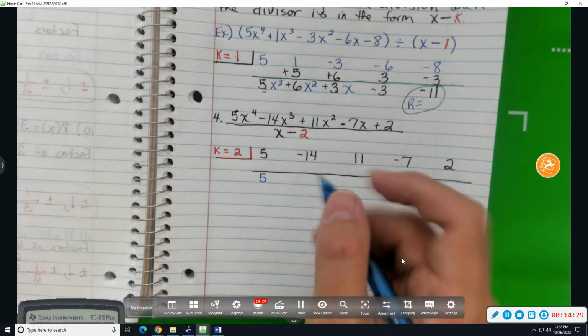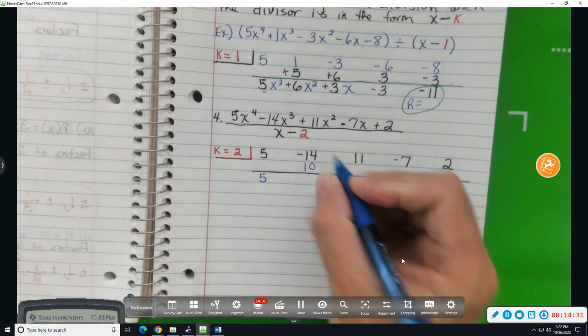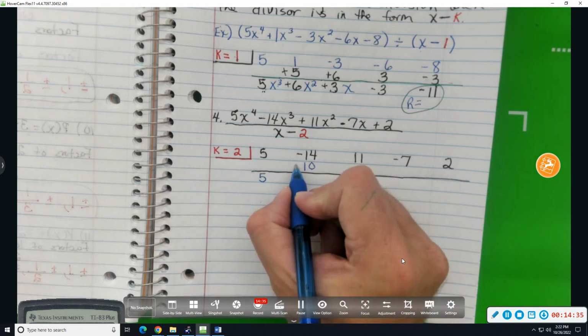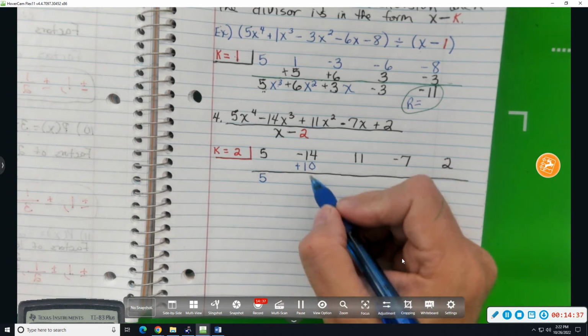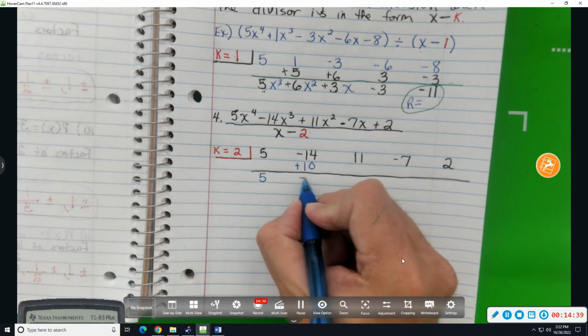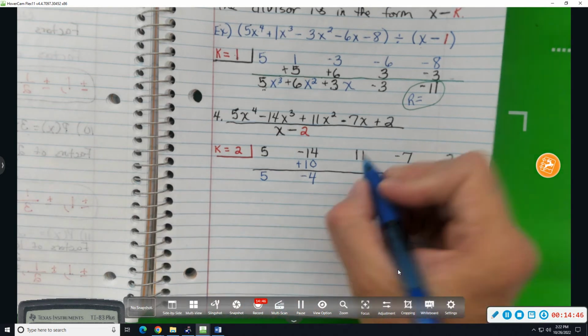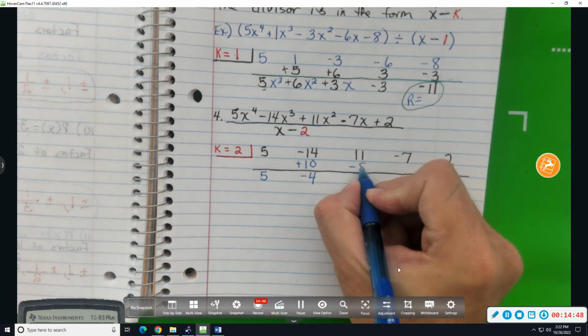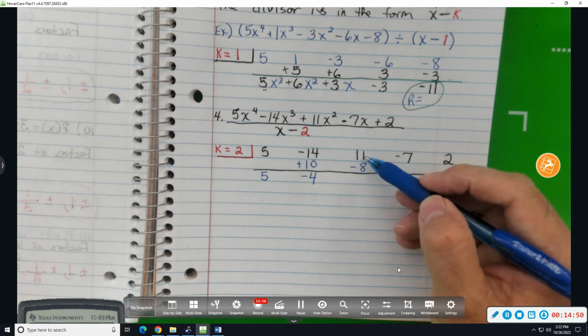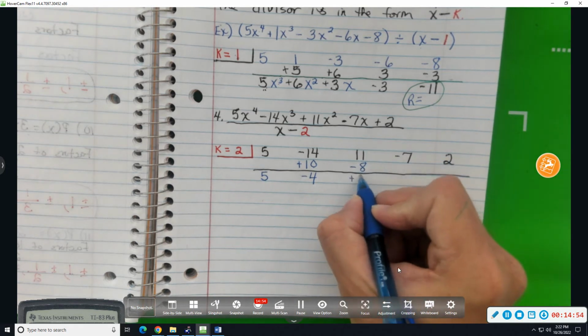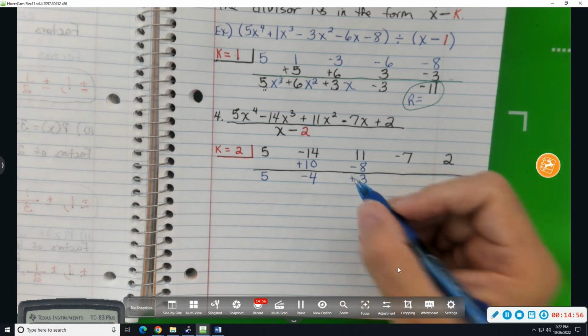5 times 2 is 10. Negative 14 plus 10 is negative 4. Negative 4 times 2 is negative 8. 11 minus 8 is a positive 3.